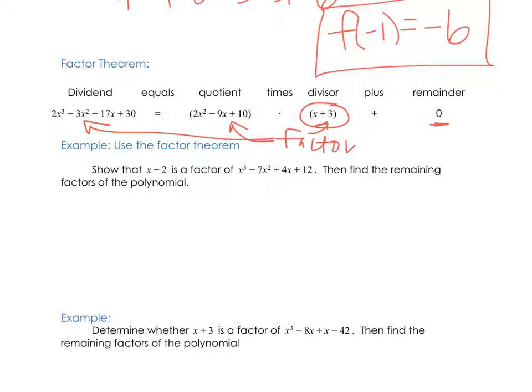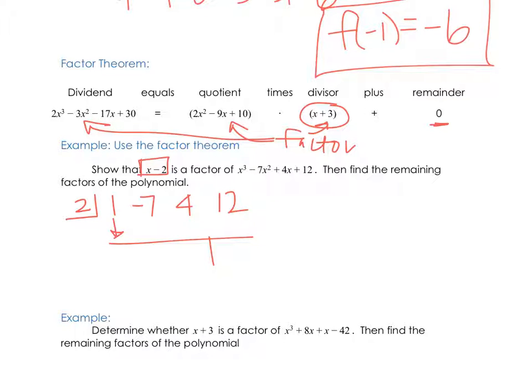Let's take a look at what that means. They show us that x minus 2 is a factor. So let's do synthetic division with my r as 2, and my coefficients are 1, -7, 4, and 12.